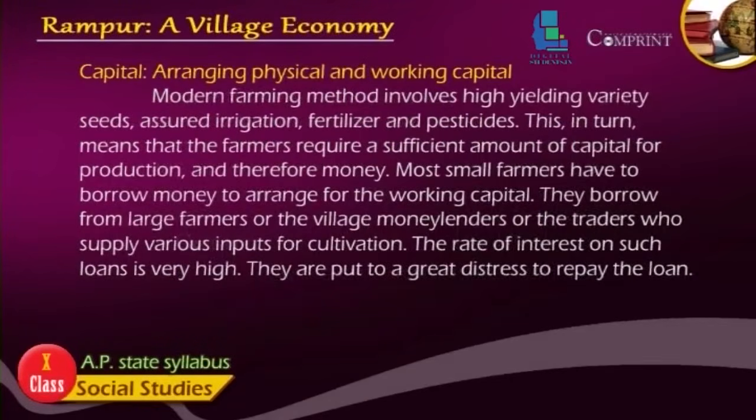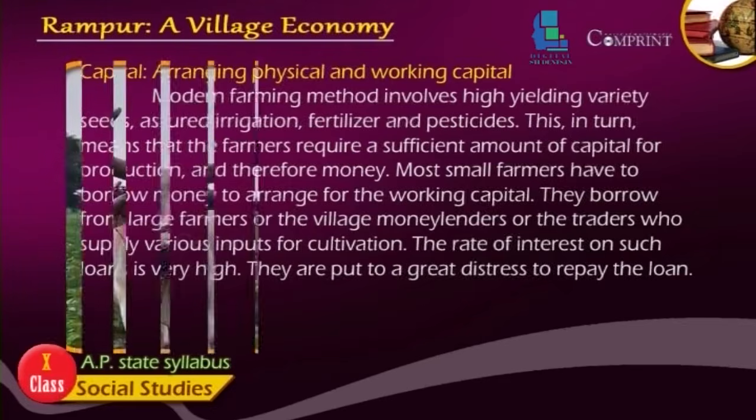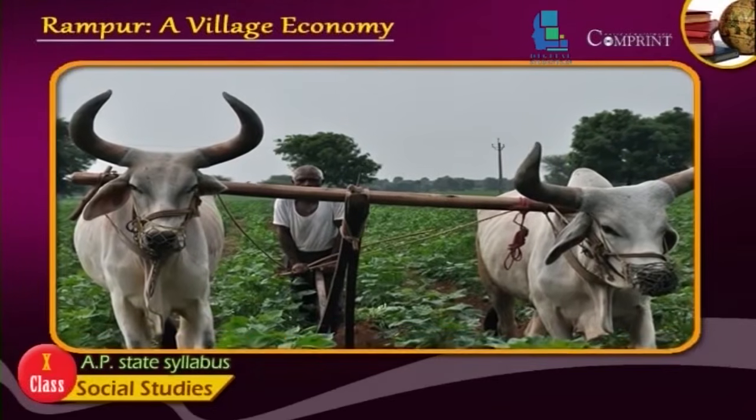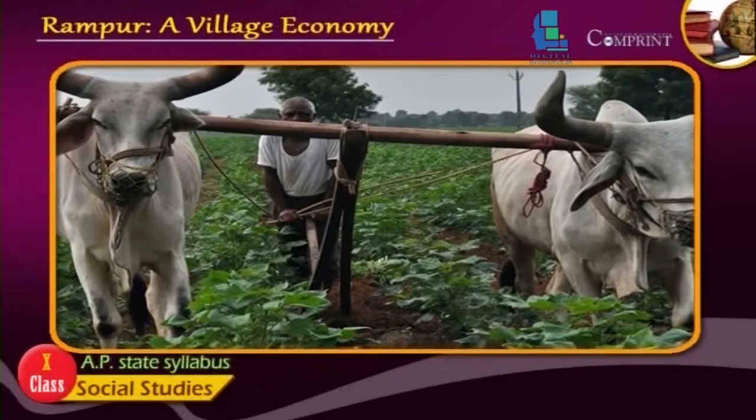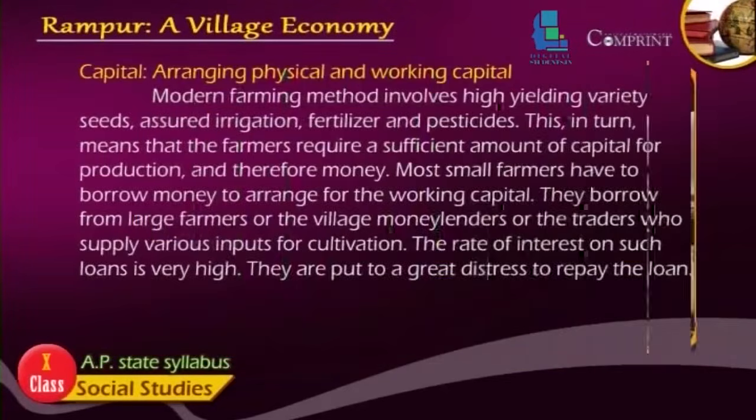Capital: arranging physical and working capital. Modern farming methods involve high-yielding variety seeds, assured irrigation, fertilizers, and pesticides. This, in turn, means that farmers require a sufficient amount of capital for production, and therefore money.